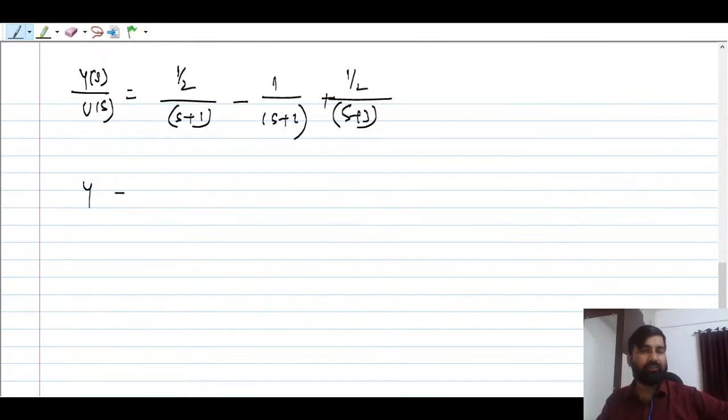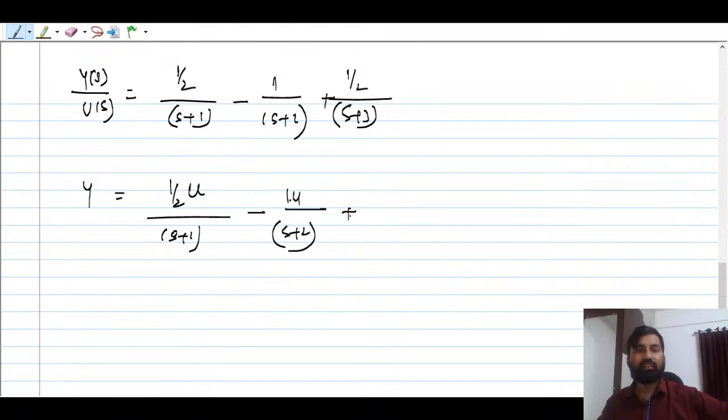So this is Y, which is the output: 1 by 2 U upon s plus 1, minus U upon s plus 2, plus 1 by 2 U upon s plus 3. I hope this makes sense to all, right?